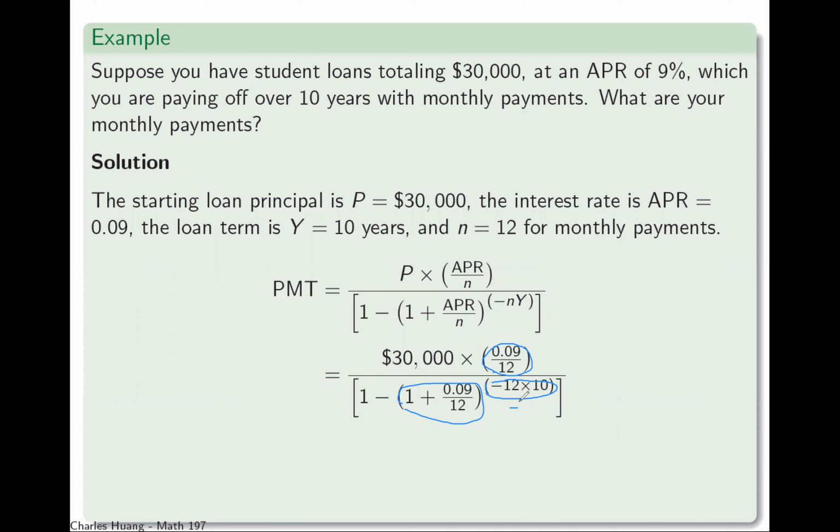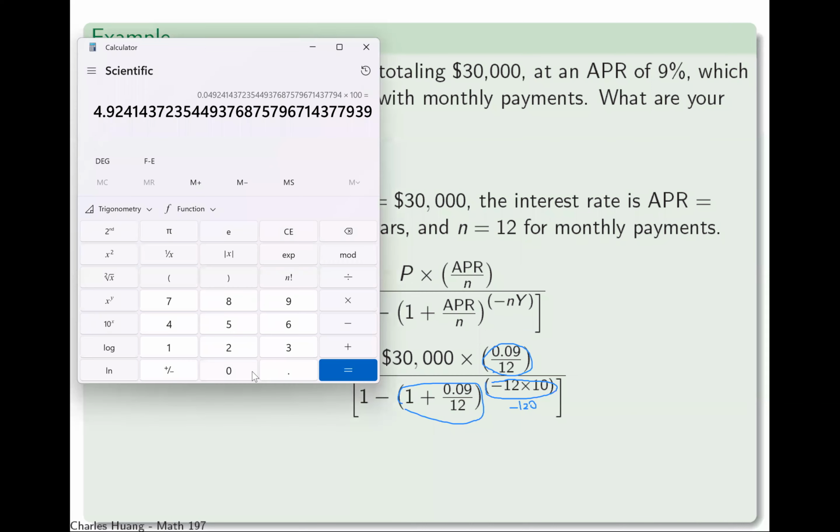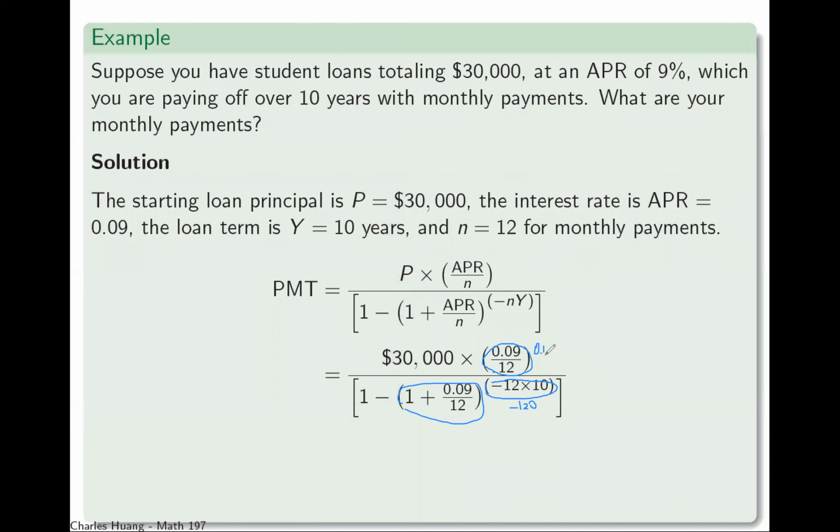That part will give me negative 120. 0.09 divided by 12, let's do that in our calculator. That should be 0.0075. So this part over here will be 0.0075, and this part will be 1.0075.